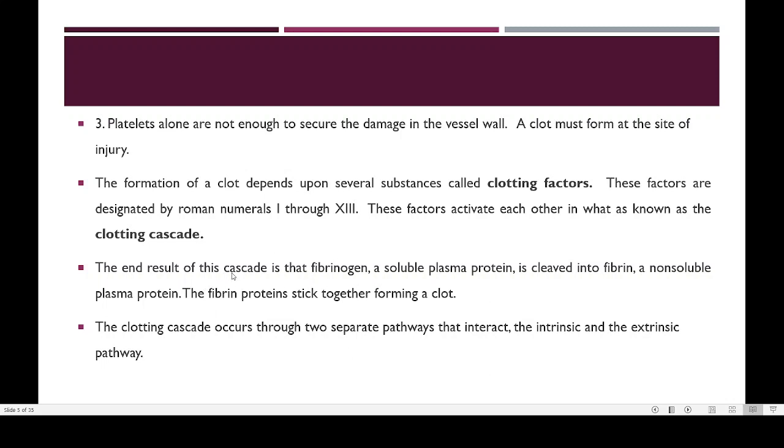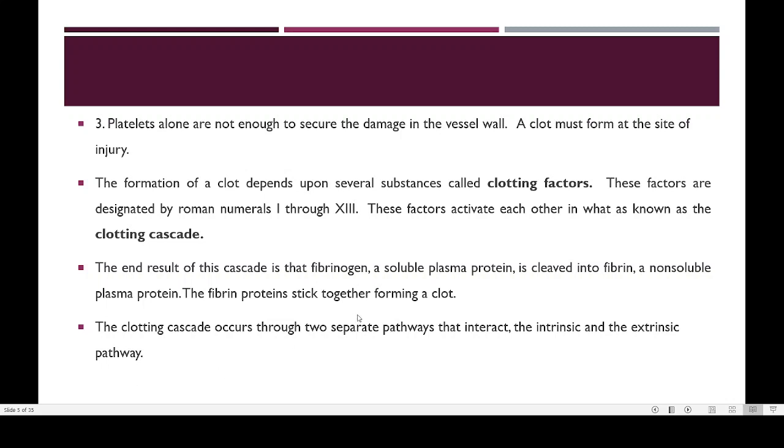So the end result of this cascade is that fibrinogen, a soluble plasma protein, is cleaved. This term you have to keep in your mind. A soluble plasma protein is cleaved. Cleaved means split into fibrin and an insoluble plasma protein. And these fibrin proteins stick together, and that forms the clot.